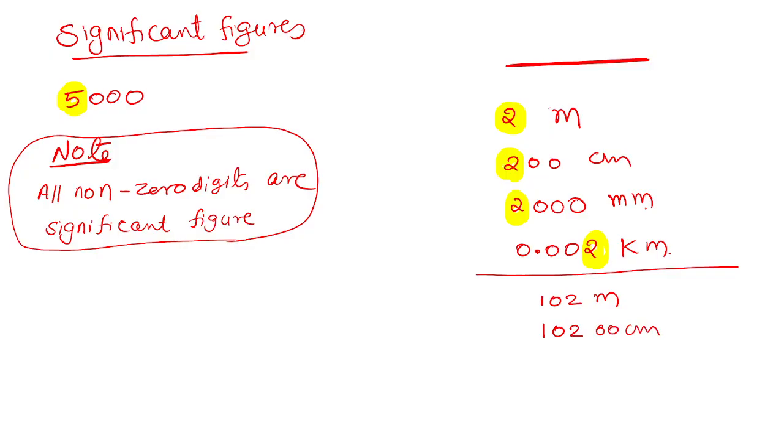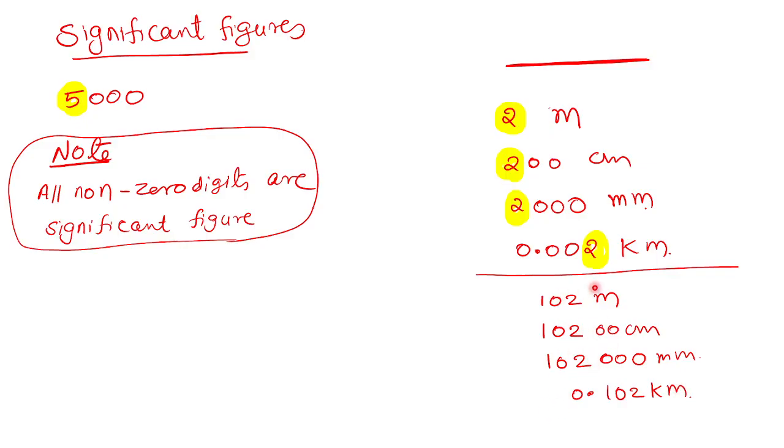Actually they are the same. Another person came, he measured the value as 102000 millimeter. Another person came, he got the value as 0.102 kilometer, like that.